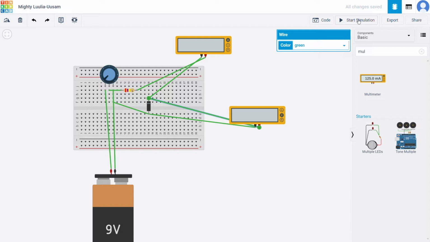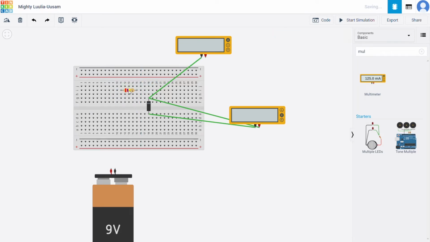So let's move to the experiment part 2. For part 2, let me erase some of this.